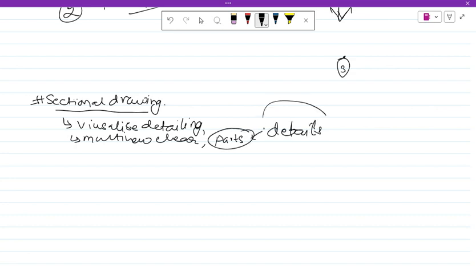To observe the part details, there is a section cut, where this part is removed, and we observe this view as a front view. I've talked about this in the previous videos. This is a sectional drawing, used for dimensions, part details, to make multi-view more clear, and to visualize detailing.